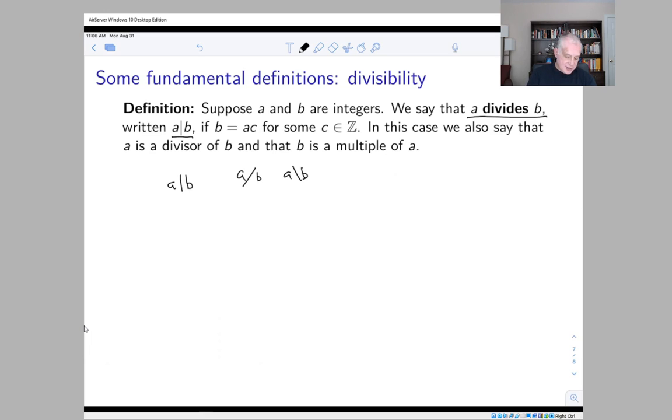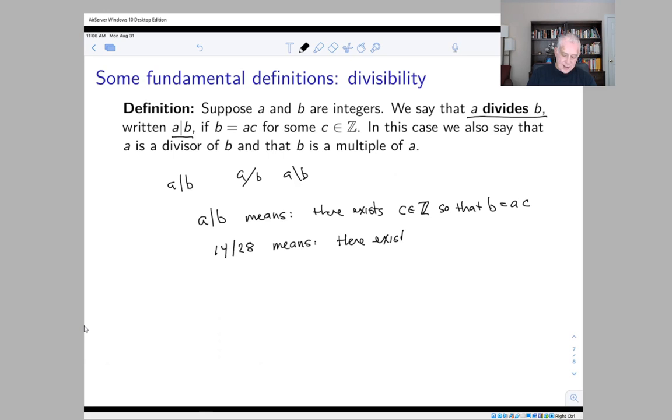It's a statement. So saying a divides b means that there exists an integer c so that b equals ac. So when I write 14 divides 28, this means that there exists c in Z so that 28 equals 14c, and that's true because I can take c equals 2.